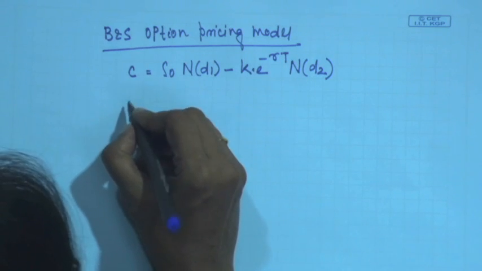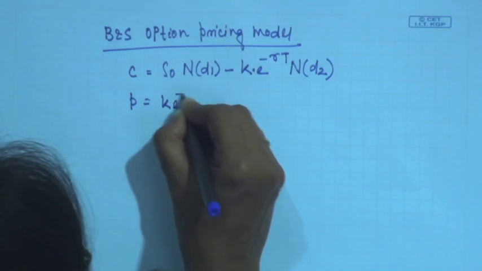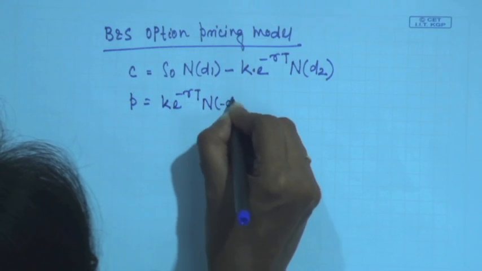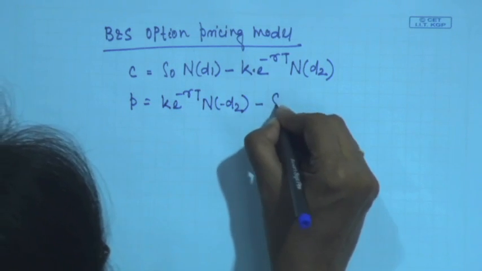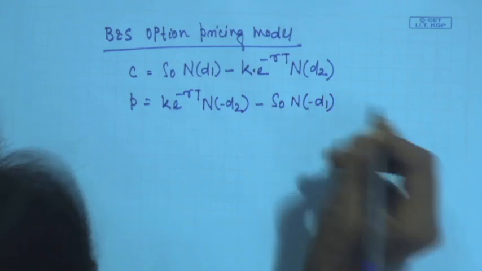Similarly, P is K into e to the power minus RT N(minus d2) minus S0 into N(minus d1).